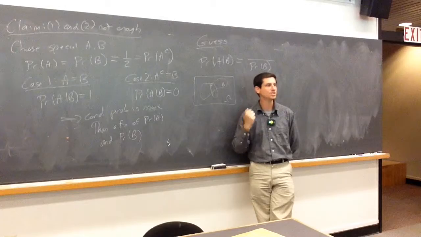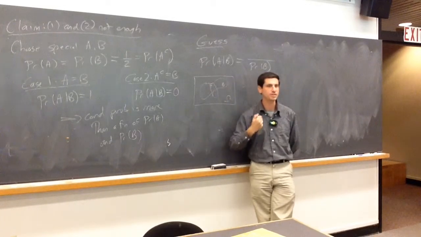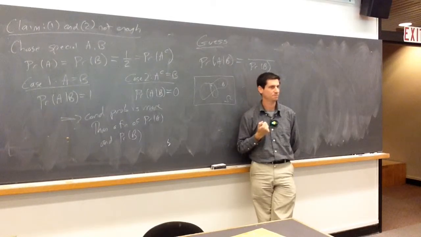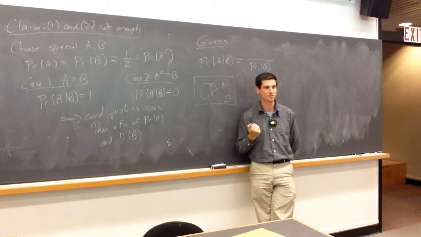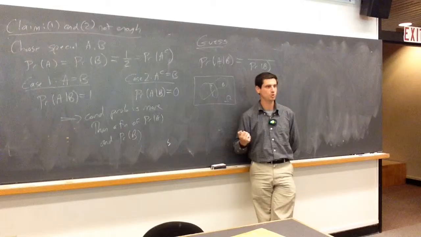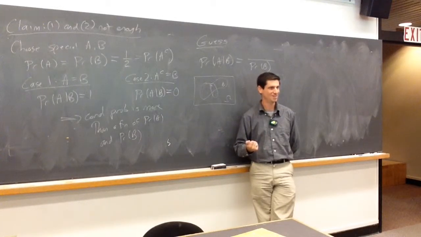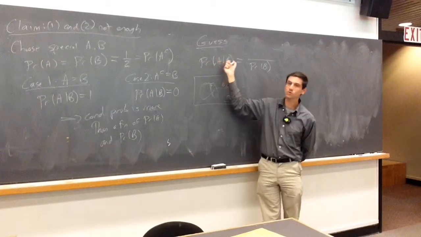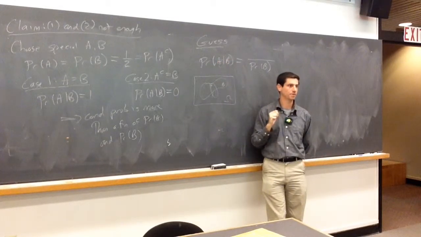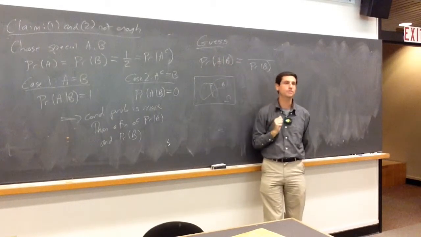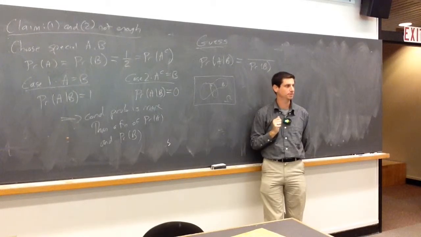What event is going to be the most likely event to happen? What event will have the highest probability of happening given that B happens? Itself, right? The probability the Red Sox win the World Series, given that the Red Sox win the World Series, is 1. So the most likely event is when A equals B, that's got to be a 1. If A is entirely disjoint from B, what should the probability be? 0.